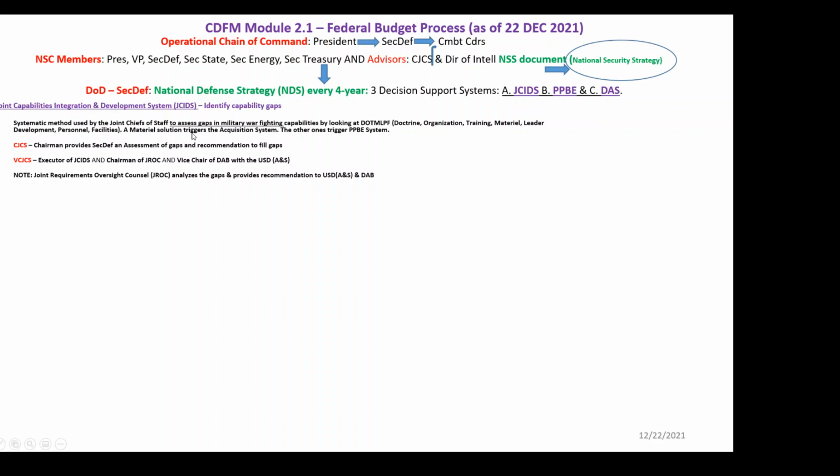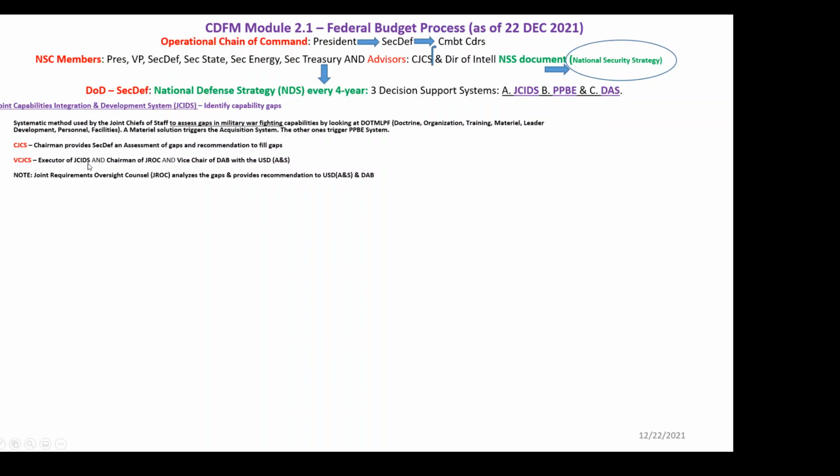What they do, as I listed here, is a systematic method used by the Joint Chiefs of Staff to assess gaps in military warfighting capabilities by looking at the DOTMLPF. As you will see when you read through your studies, the Vice Chairman of the Joint Chiefs of Staff is the one in charge of JCIDS.